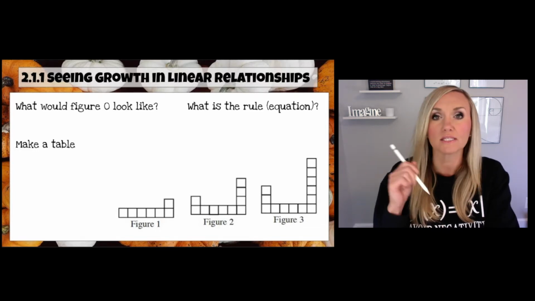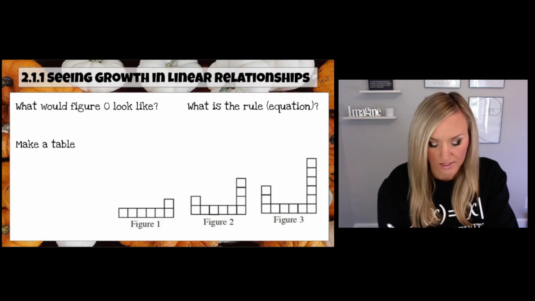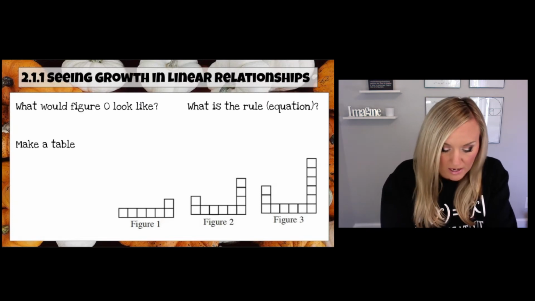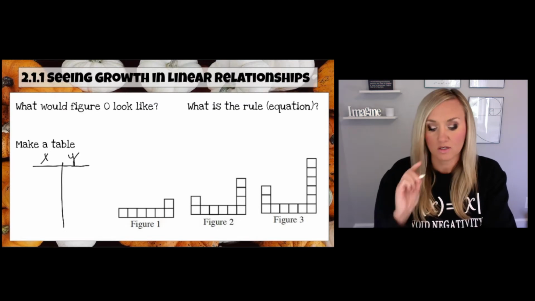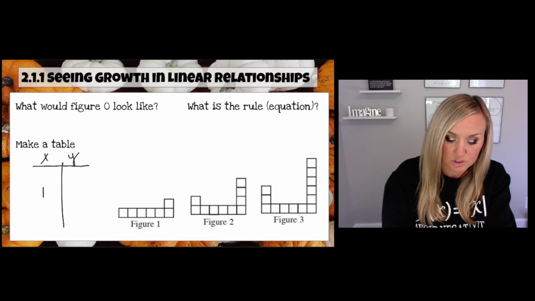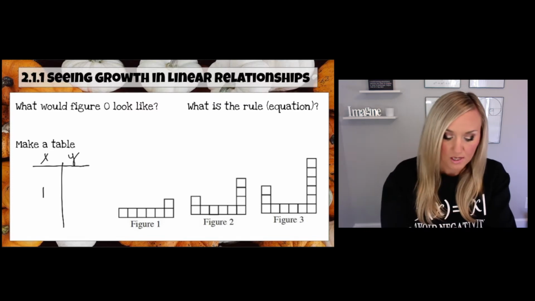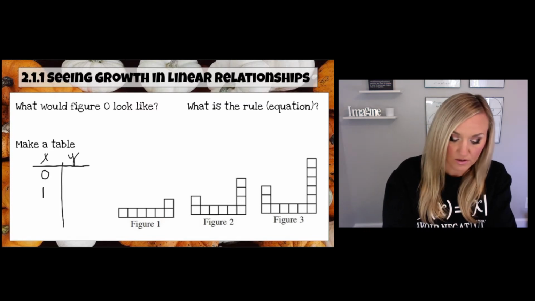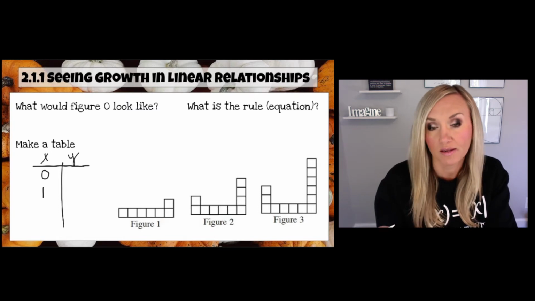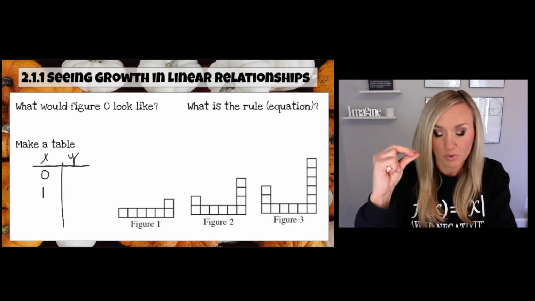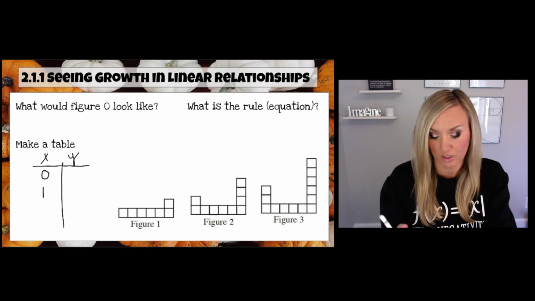Okay, so I like to start with the table personally myself. I like to look and see what the pattern is and then write out a table. So I know with the table, I have my x and my y values. And figure 1, and I'm going to leave some space always, because we eventually want to know what figure 0 looks like. So I'll always leave space and put a 0. And now let's look at figure number 1.